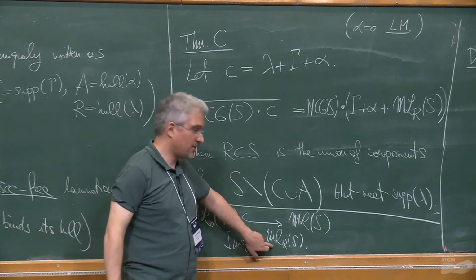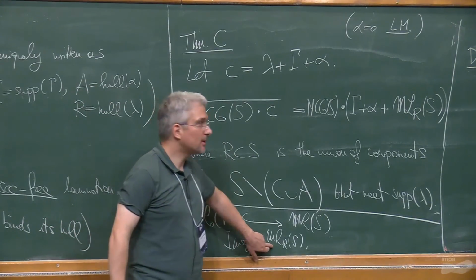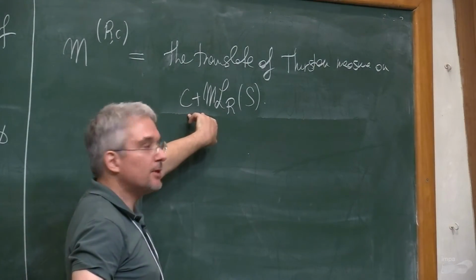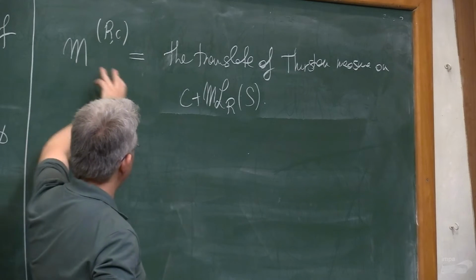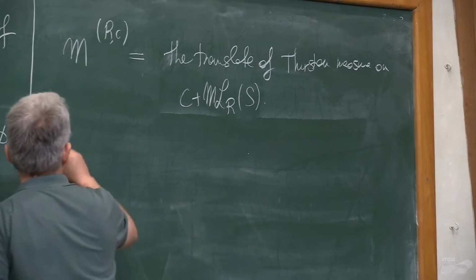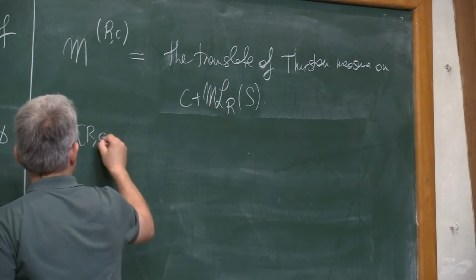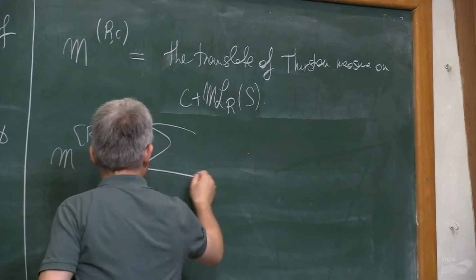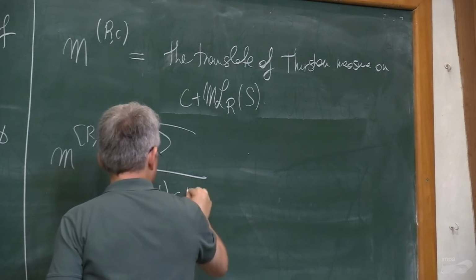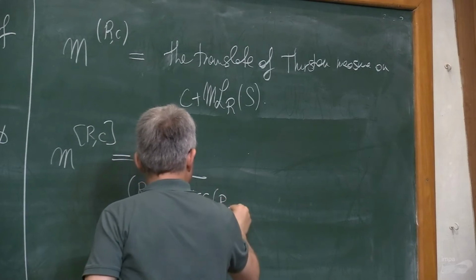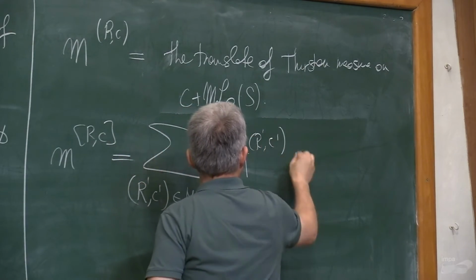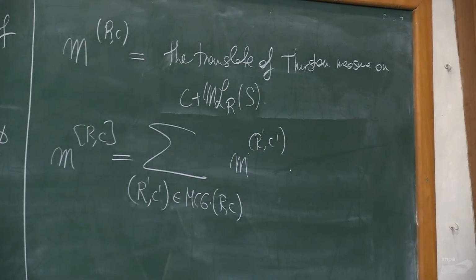Then the image carries a Thurston measure. Then its translate carries a Thurston measure. So this is just the Thurston measure on this translate. Then if we want to make it mapping class group invariant, we take the sum over R prime, C prime, which is in the orbit of RC under the action of the mapping class group. And then we add all of this.